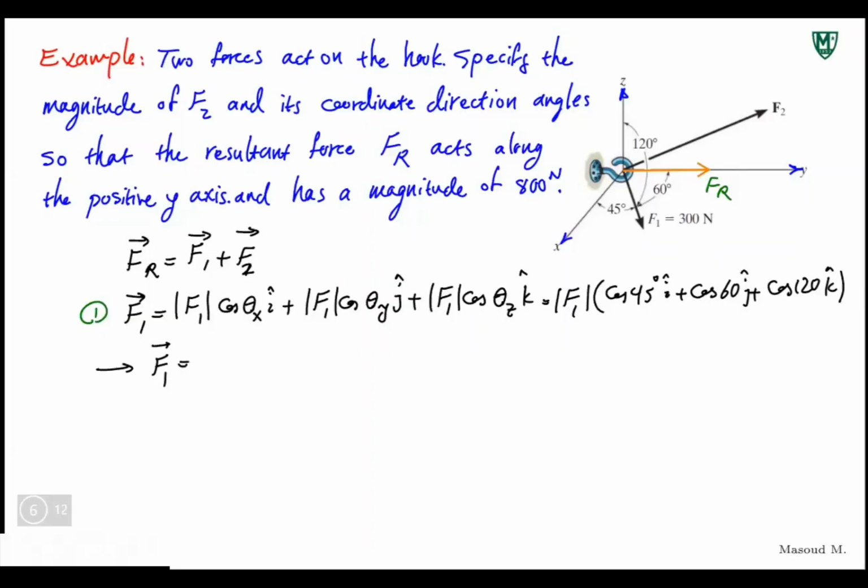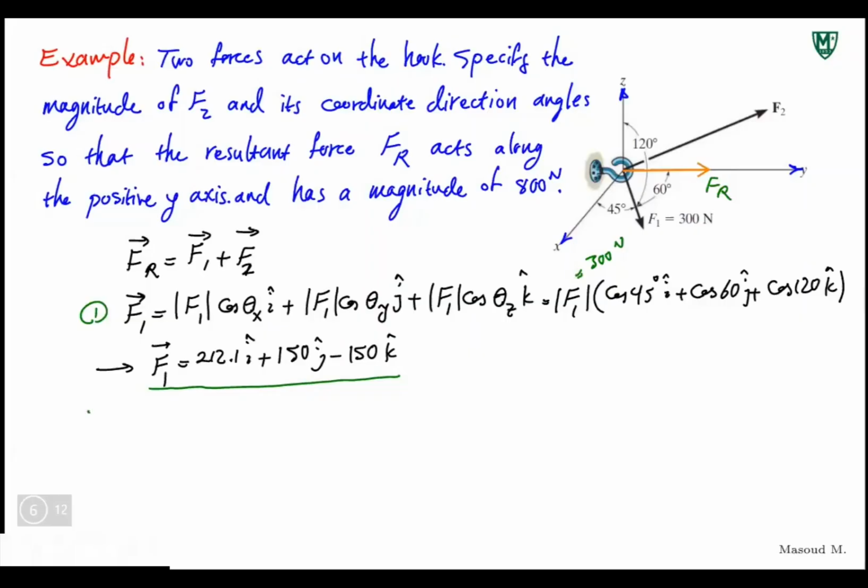The value of F1 is 300 newtons. You can find these cosine values, so from there you can find the vector. So that would be 212.1 i, assuming that I did the math right, plus 150 j, minus 150 k. So this becomes the representation of F1 in Cartesian coordinates. We always find the representations in Cartesian and then take it from there.